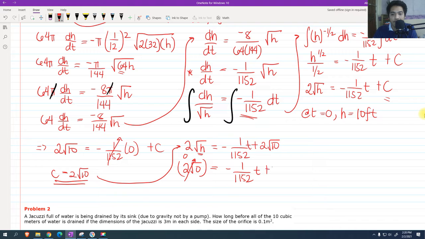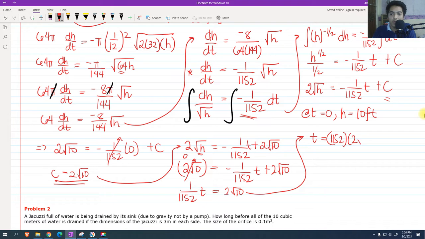Isolate the time. So I'm going to transpose this. This becomes 1 all over 1152 T equals 2 square root of 10. And of course, if I isolate t, I have t equals 1152 multiplied by 2 square root of 10. So what is the unit of time that we're going to get here?